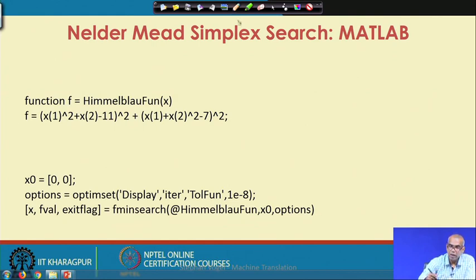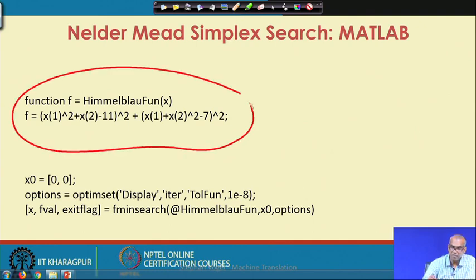So, to make use of MATLAB's inbuilt function, you first have to define the function. You can write it as a separate function file. Let us call this function, let us say, Himmelblau fun.